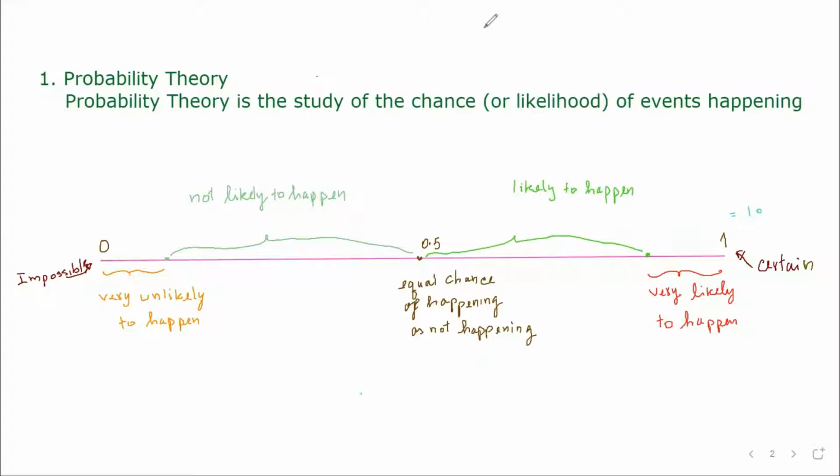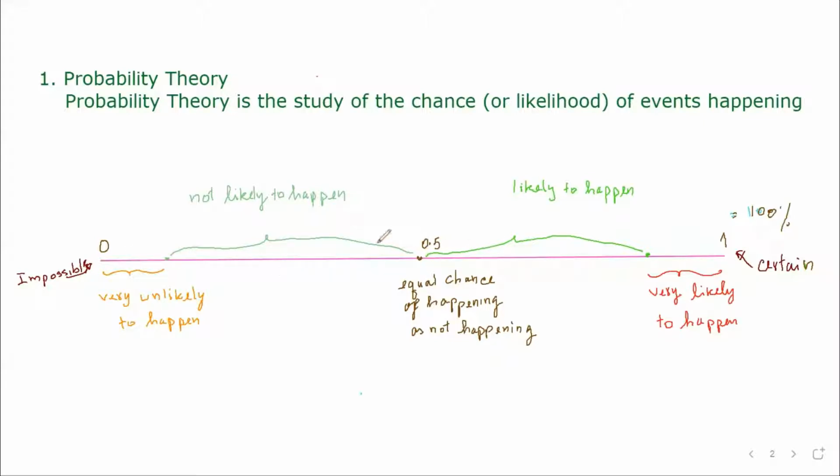And on the opposite side, 0% means impossible to happen. That is represented with a probability of 0. That means 0 chance of happening for an event.